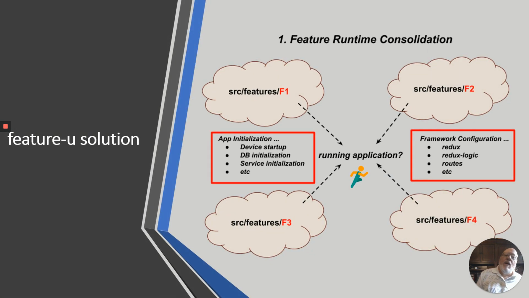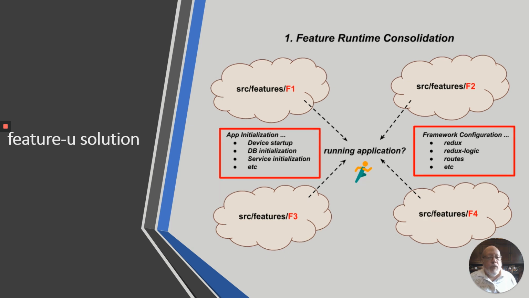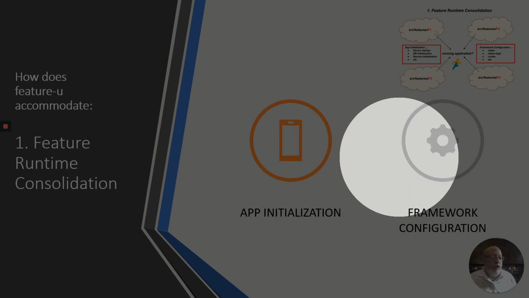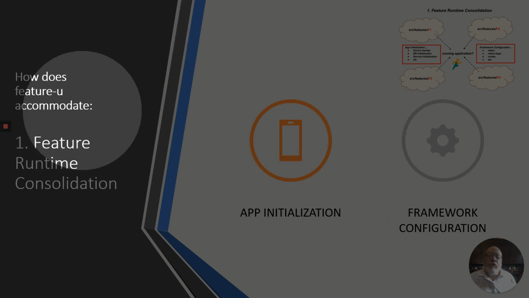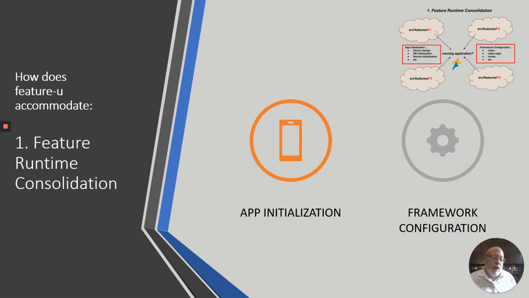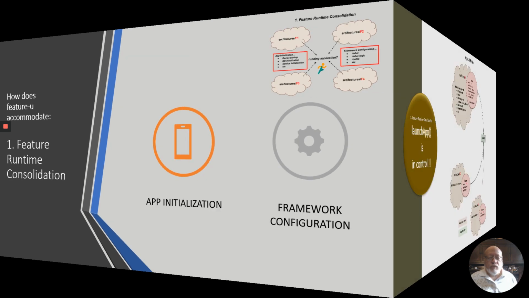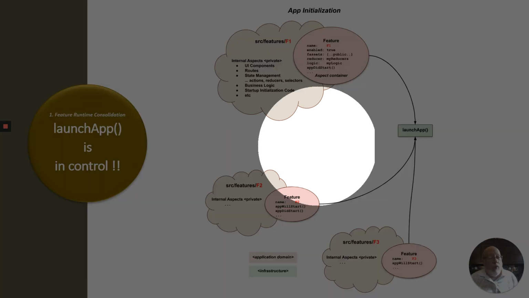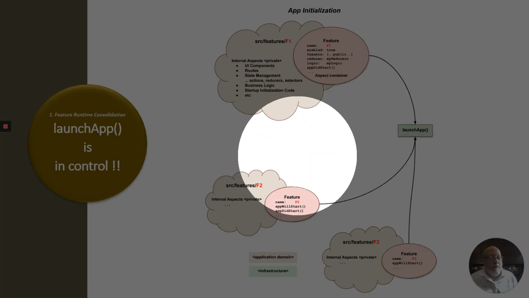All right, let's look at some solutions. Remember the first item that we talked about, feature runtime consolidation, and we broke that down into two subcategories of app initialization and framework configuration. Let's see how feature U can accommodate this particular item. From what we know about feature U so far, we know that launchApp is in control of starting the application up and running.